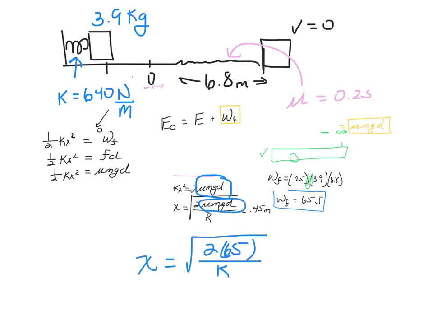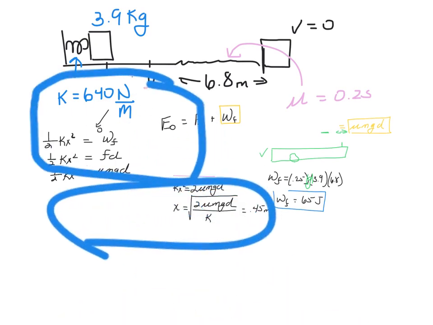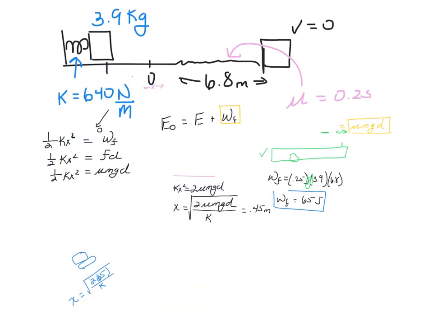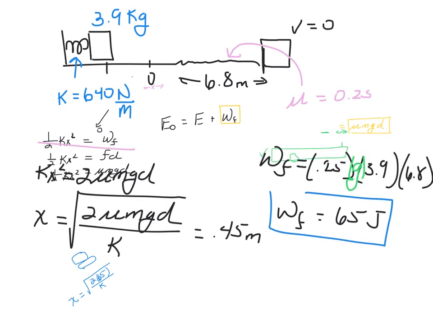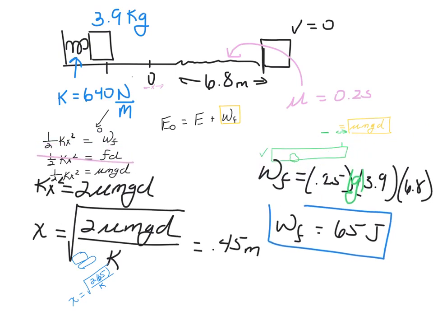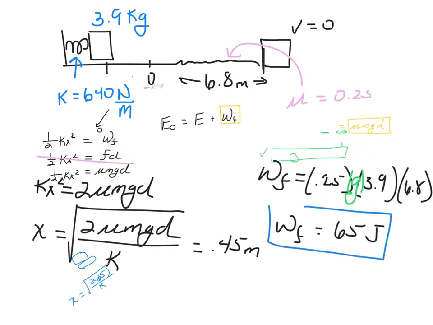You get the same answer. Okay. All right, so we found x. So part C is 0.45. We found A, which is 65.